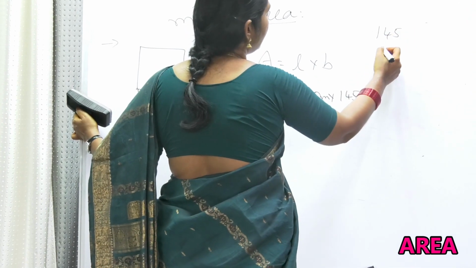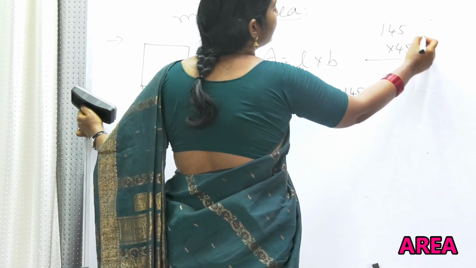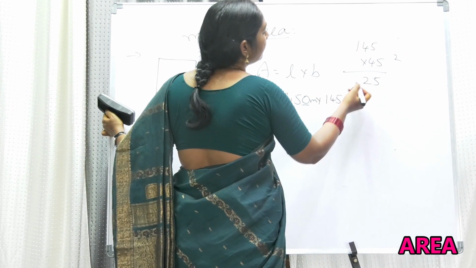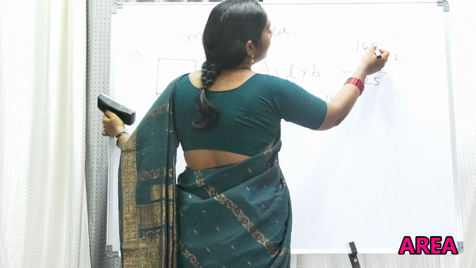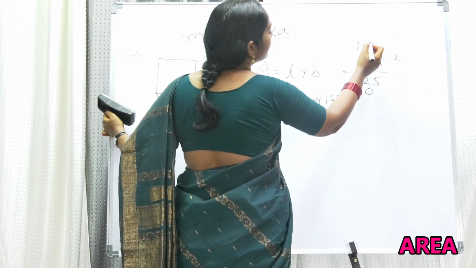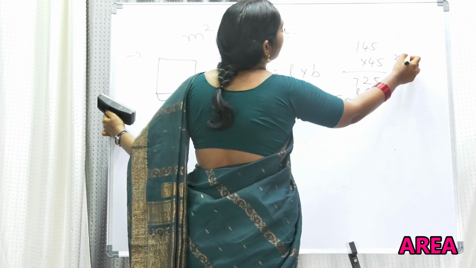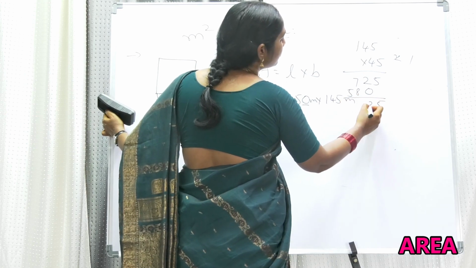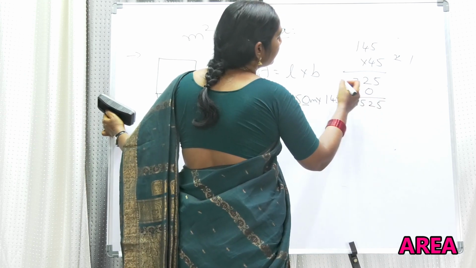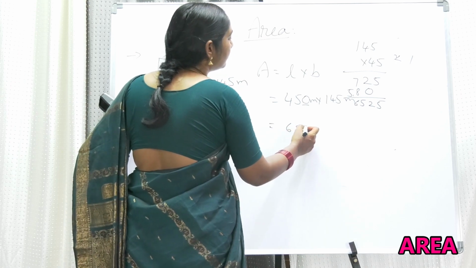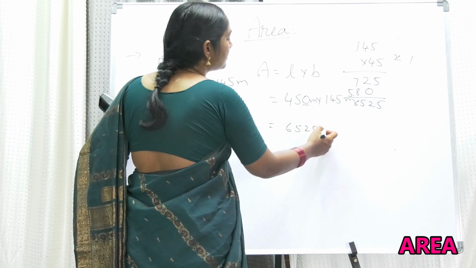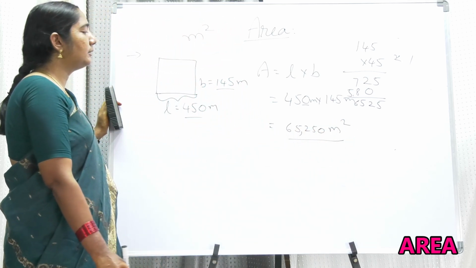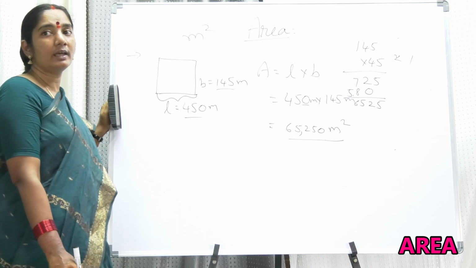For example, 145 into 45: 5 fives 25, 5 fours 20 plus 2, 22... so 6, 5, 2, 5, and this zero is there. Now you put the unit, meter into meter is meter square, and don't forget the comma. So now the value is 65,250 square meters.